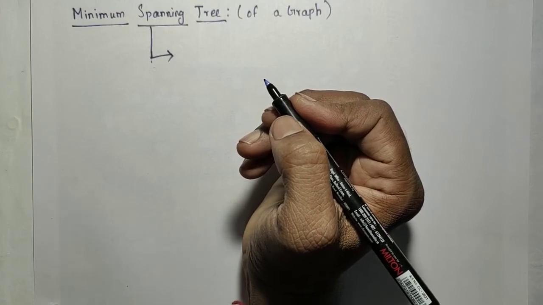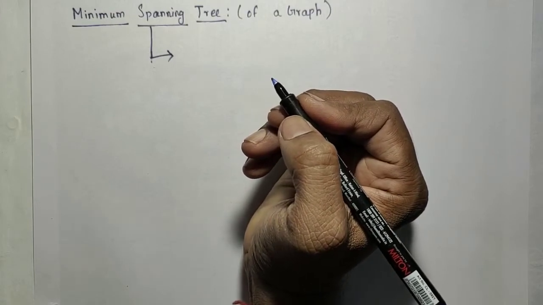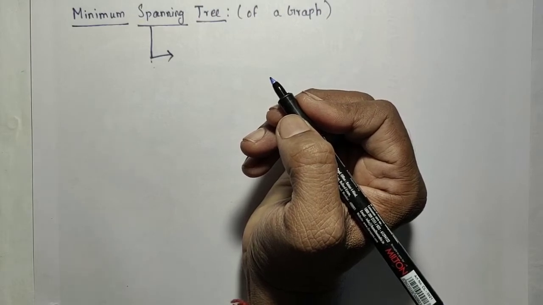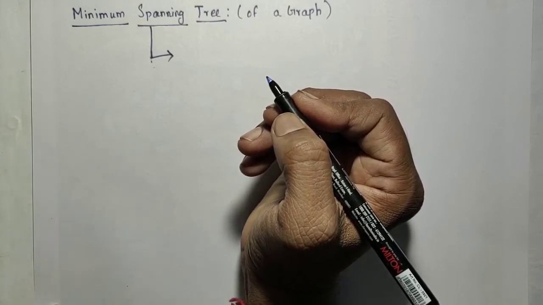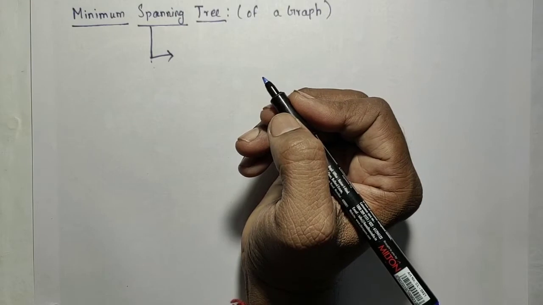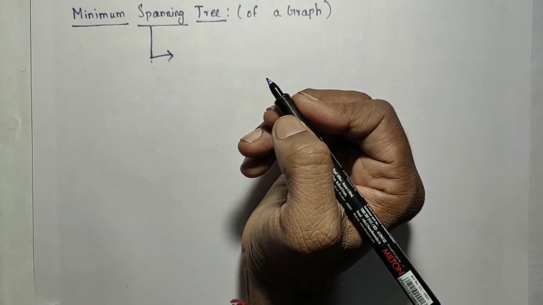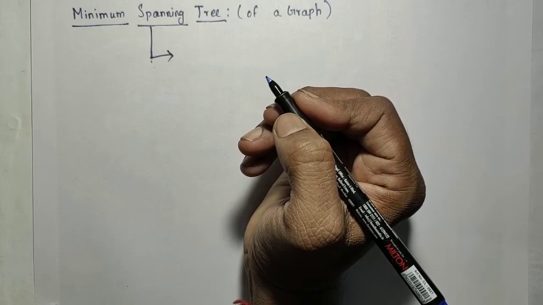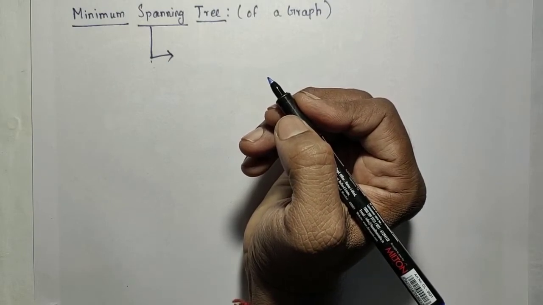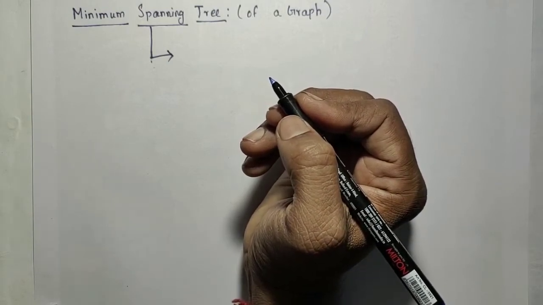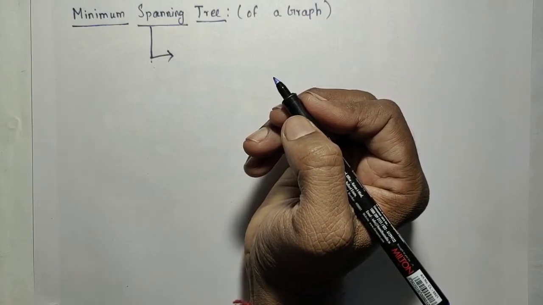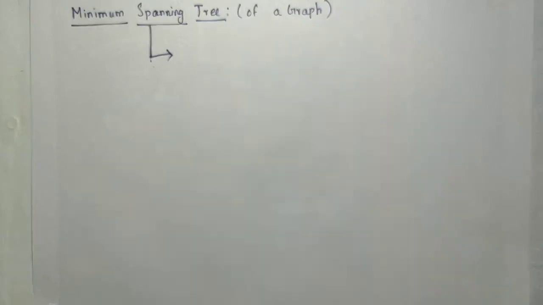So graph means it is having the cycle. Suppose you are obtaining a tree which connects all the vertices without any cycle, it means connecting all the vertices by using the minimal number of edges, which is called the spanning tree.